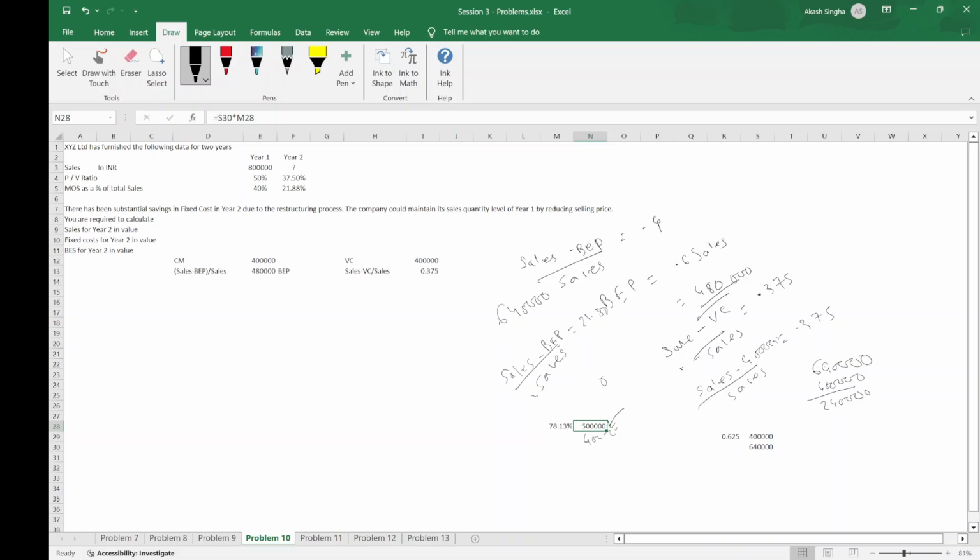Right, right. So we have to calculate in BEP what the contribution margin is, right? So if we are selling 6 lakh 40,000, our contribution margin is 2 lakh 40,000. So if we are selling 5 lakh, what will be our variable cost?